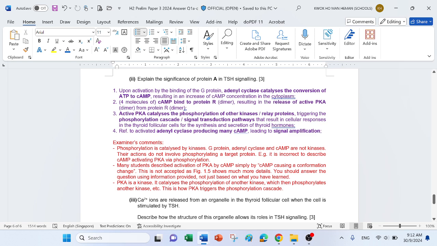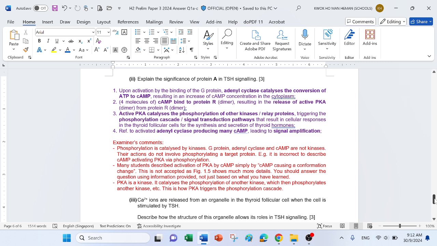So that then allows for signal amplification. So the word many, or the idea that there are multiple cAMP molecules produced by one adenylyl cyclase, should be clear in your answer in order to score this fourth point.